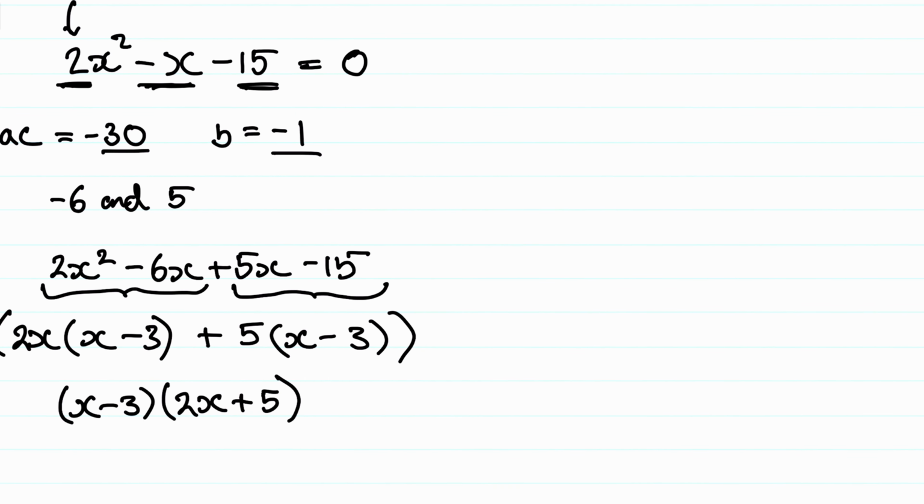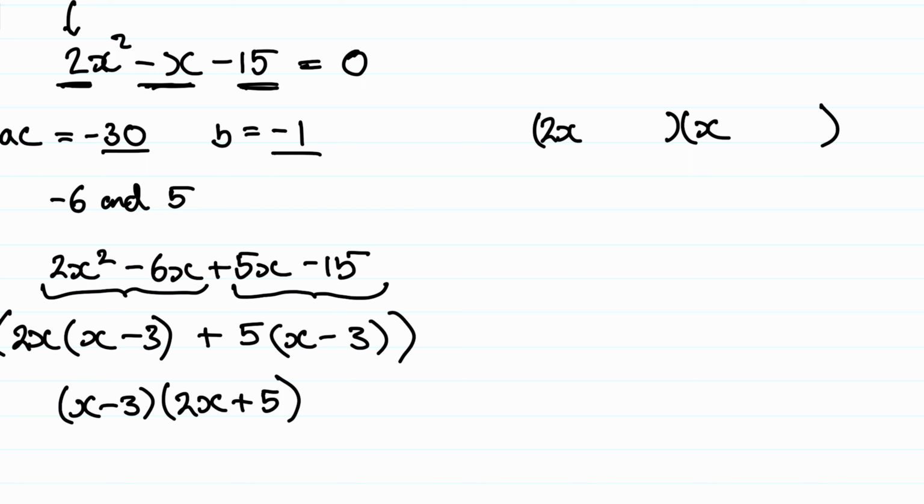Of course, you could probably do this without using this ac method, so you could just write out what you would expect your brackets to be. If it's a 2x squared, you'd expect to have a bracket with 2x and a bracket with x, and then by trial and error see what you would put in each bracket.